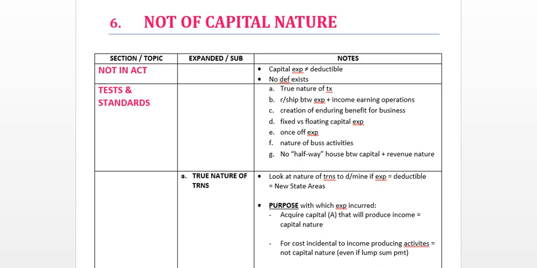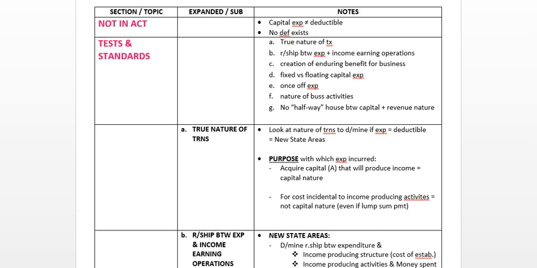First, what is the true nature of the transaction; the relationship between expenditure and the income earning operations; the creation of an enduring benefit for the business; fixed versus floating capital expenditure; once-off expenditure; the nature of business activities; and there is no halfway house between capital and revenue nature.